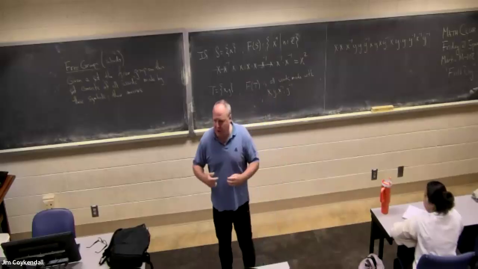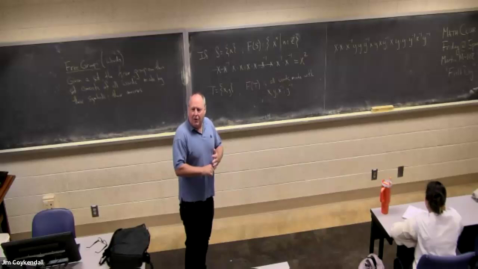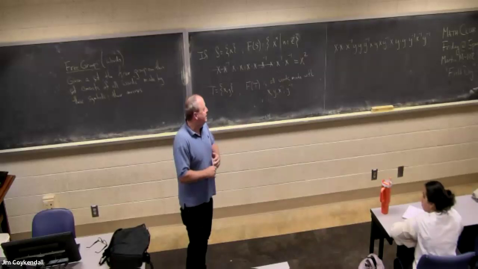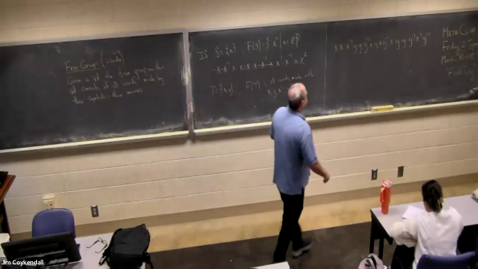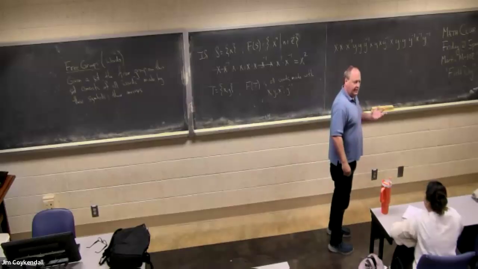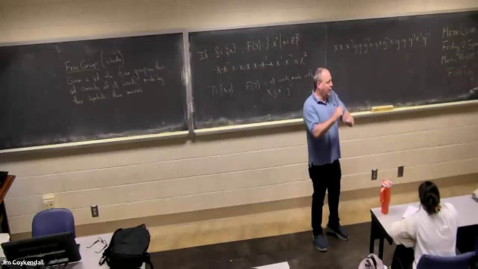Is this operation associative? Yes, that's easy to check. The identity is sometimes called the empty word, where you only have the identity there. How about inverses? How do you build the inverse? Whatever word you see, write it in reverse and invert everything.